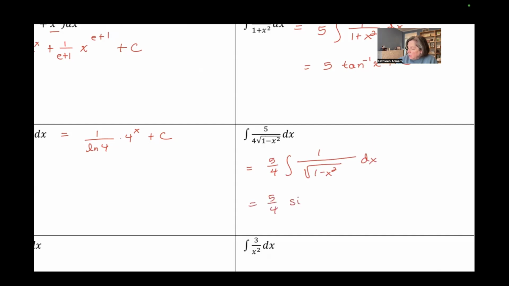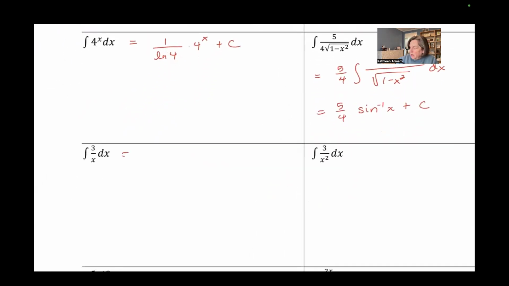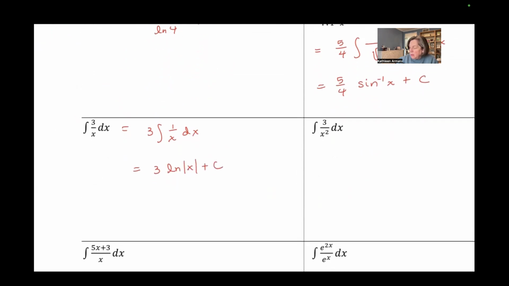And that's the integral of 1 over square root 1 minus x squared, which is arcsine of x. And don't forget your plus c. Okay, 3 over x, so that's 3 times the integral of 1 over x dx. 1 over x, that's natural log of absolute value of x plus c.